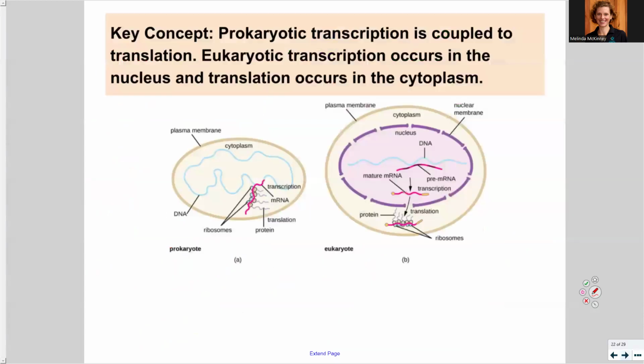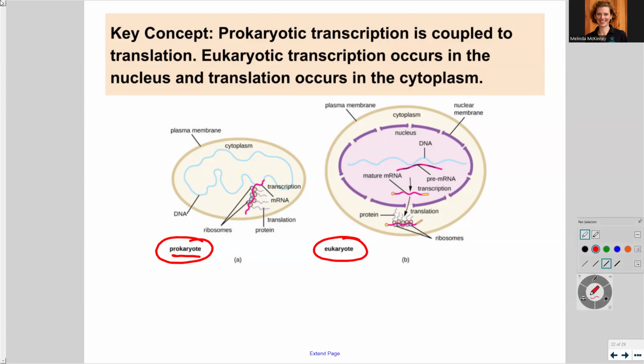Okay. So just to mention for prokaryotes how it's different than eukaryotes. Notice that in the prokaryote, there's no nucleus. In the eukaryote over here, the big distinguishing factor, what defines a eukaryote as a eukaryote, is the presence of the nucleus. So here's my nucleus.